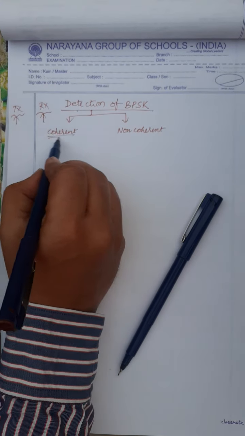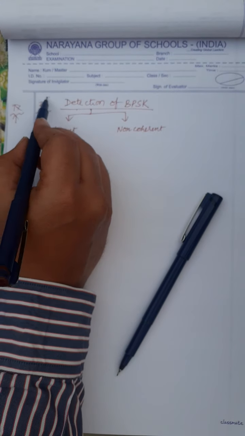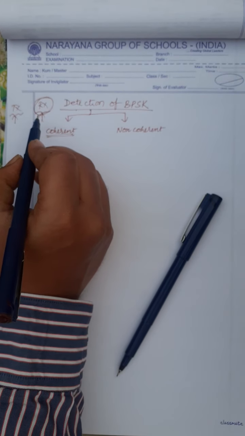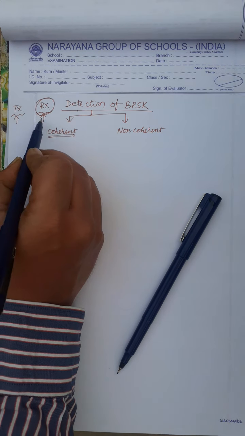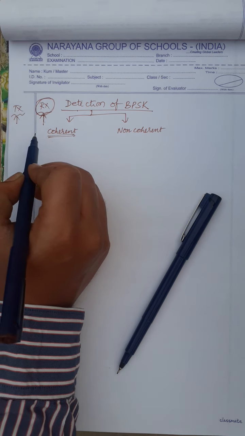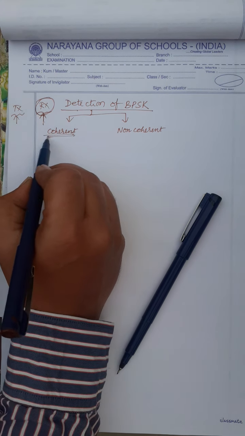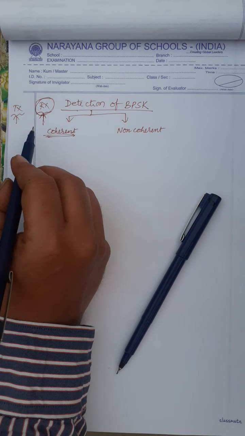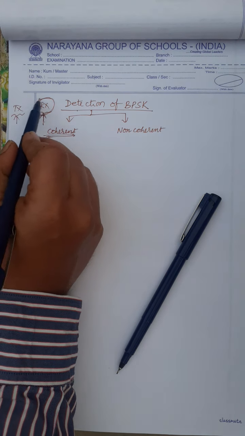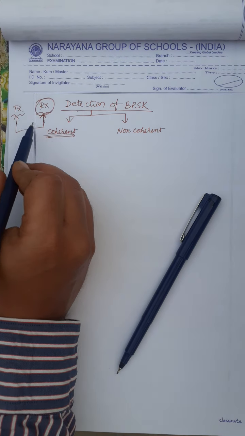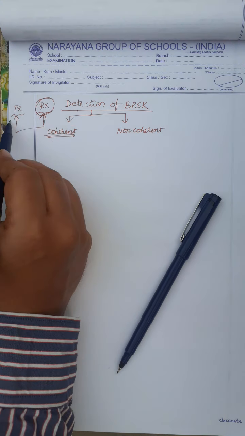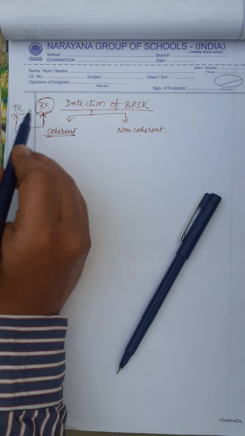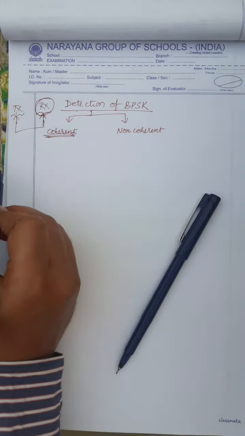That is called coherent. The receiver knows what phase shift is changing at the transmitter, and that same phase shift is also changing at the receiver. Simply put, the phase is synchronized between transmitter and receiver. That is called coherent.